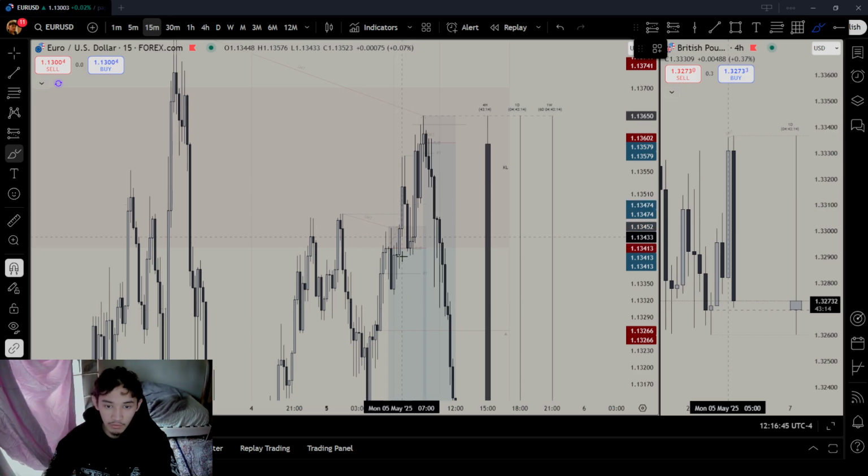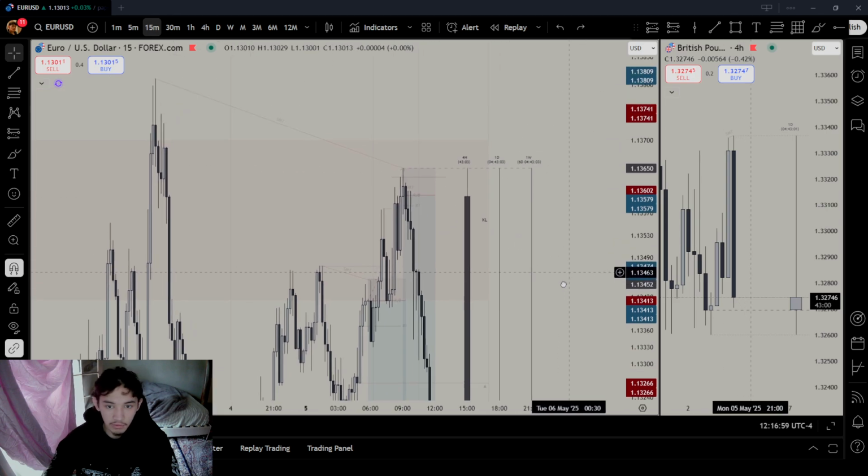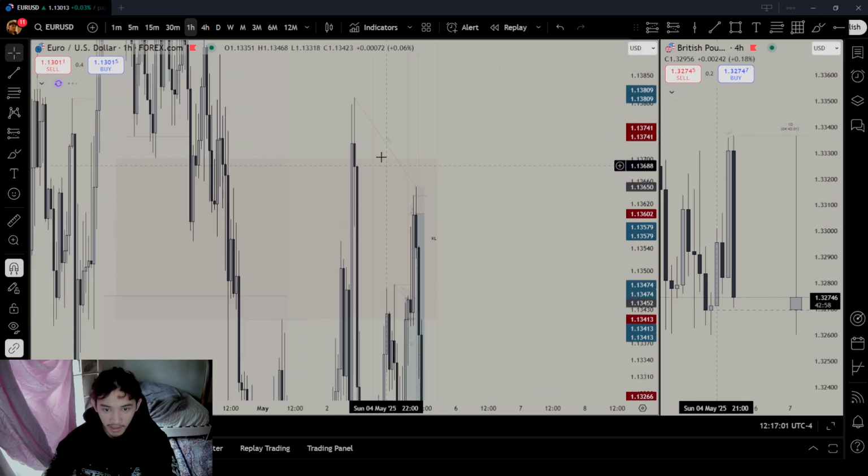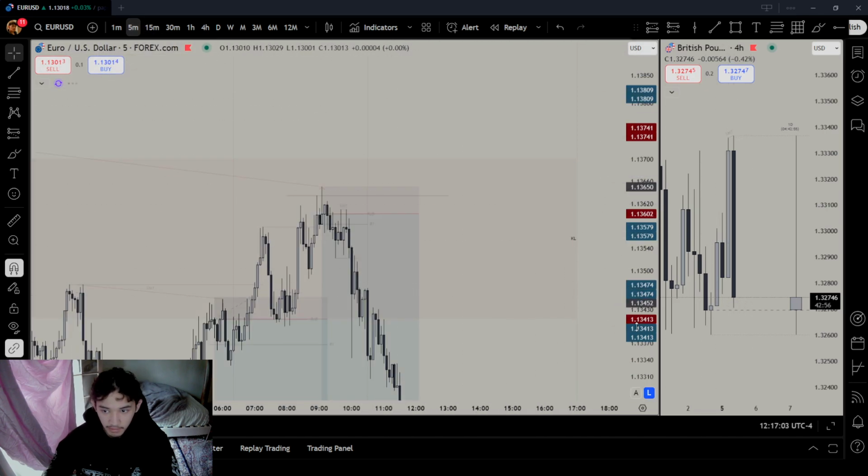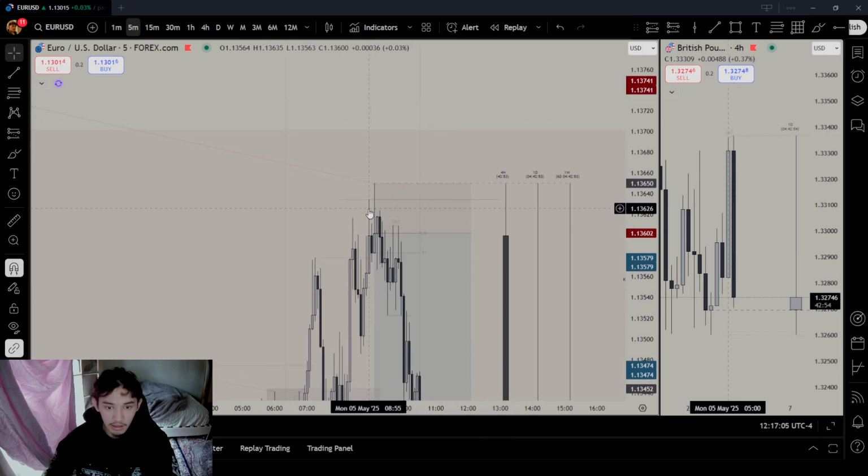So what the market would do is sweep the high, give you the model one confirmation, and then resweep it one more time. Now the market left a legit high here, so it can never give the confirmation, and eventually went lower. Now, if you're smarter, use the hourly range. Now we go to the 5-minute time frame. In this case, why did the market not go above this high?